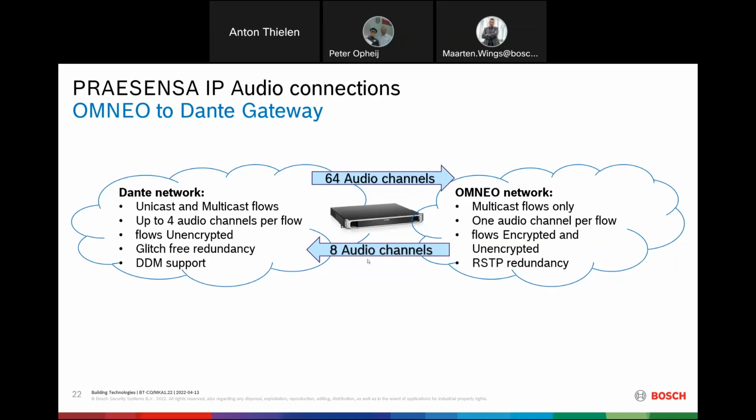You could also use in that case a switch to block the multicast, or just use gigabit. That's the easiest way. So this was to brief you about this gateway, which we also used in some PRAESENSA projects already.